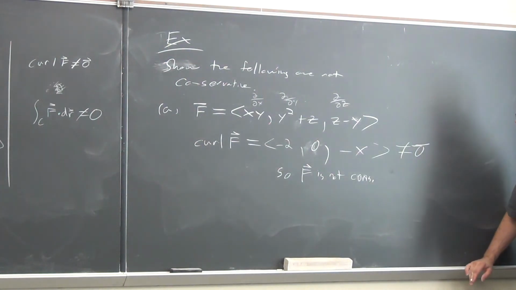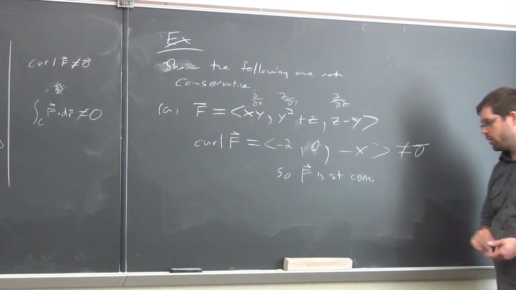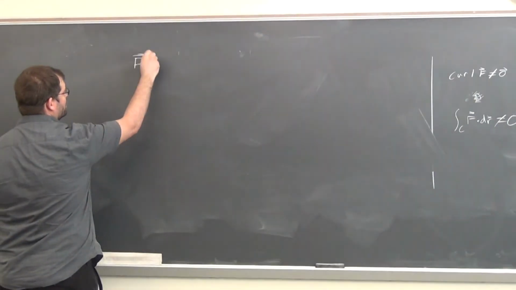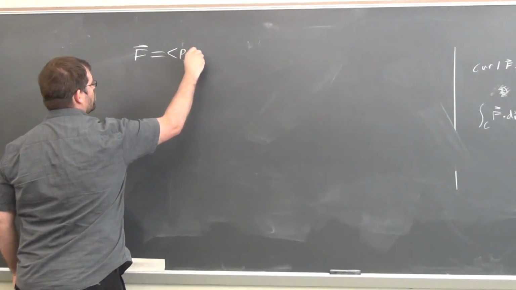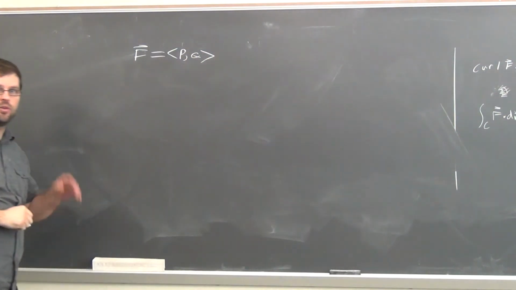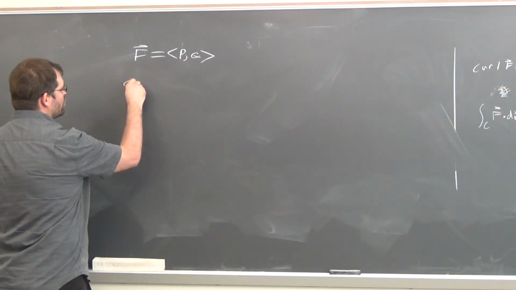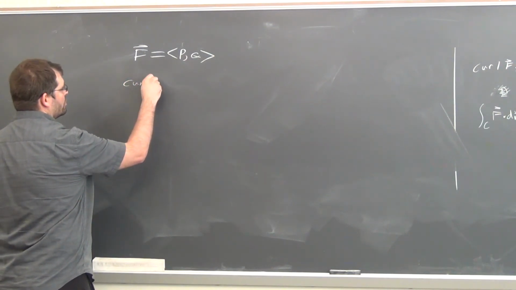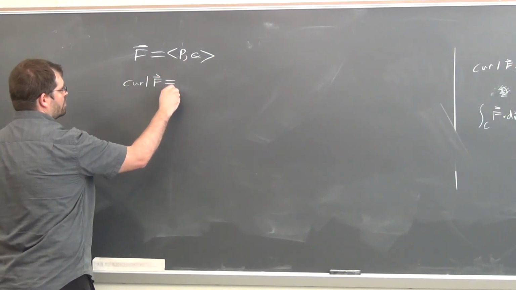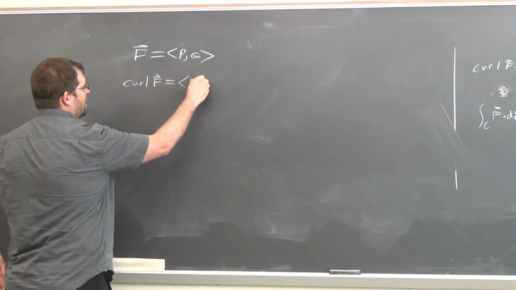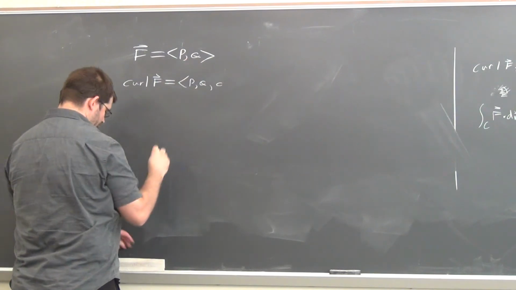And I don't think we're even going to bother proving too much of the other direction. But essentially, if it is 0, it will be conservative for most examples. Let's talk about a function. So suppose your F looked like this, PQ. What's the curl of this guy? Well, I should write it this way.